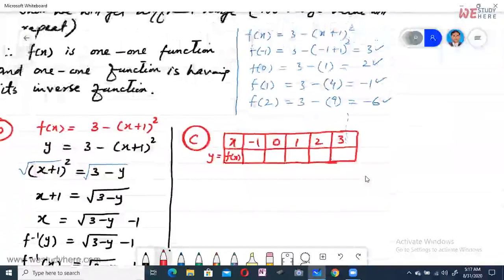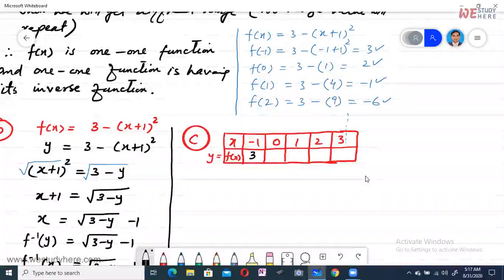You can see these values here we can substitute. When x is -1, f of x is 3. X is 0, f of x is 2. Then -1, then -6. If x is 3, 3 plus 1, 4 squared, 16. 3 minus 16 will be -13 here. Okay, this is the table.